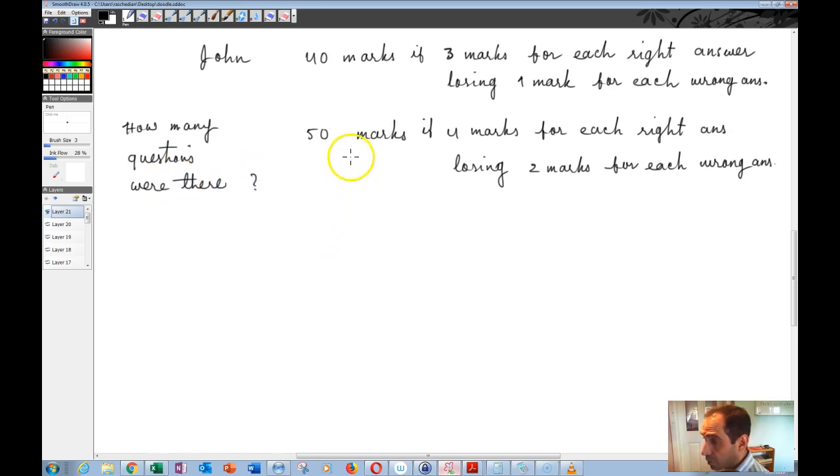So in order to solve this problem, you get 3 marks for each right answer, and you lose 1 mark for each wrong answer.